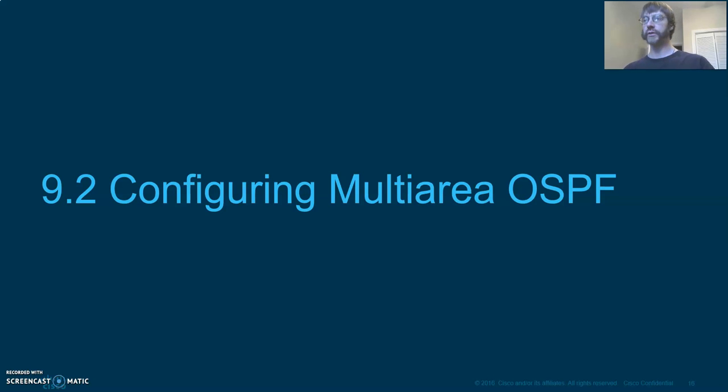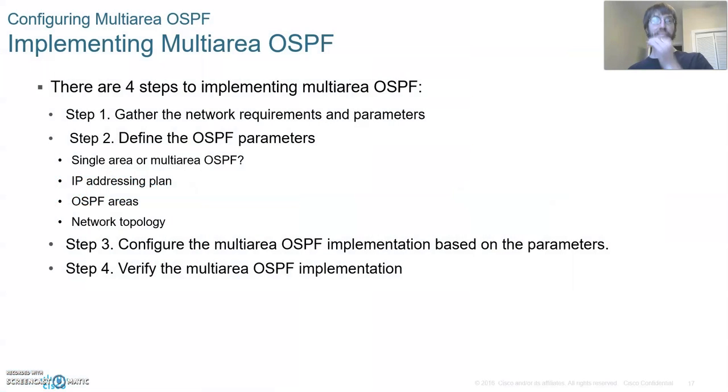So let's talk about how this works. There are 4 steps to implementing multi-area OSPF. Step 1, requirements. Step 2, define your parameters. Step 3, configure the implementation based on those parameters. Step 4, verify. This is the systems development lifecycle all over again.